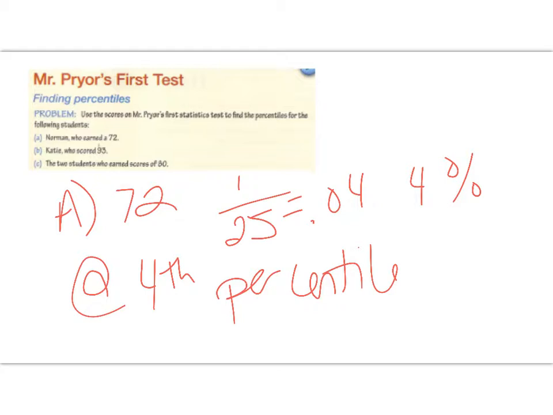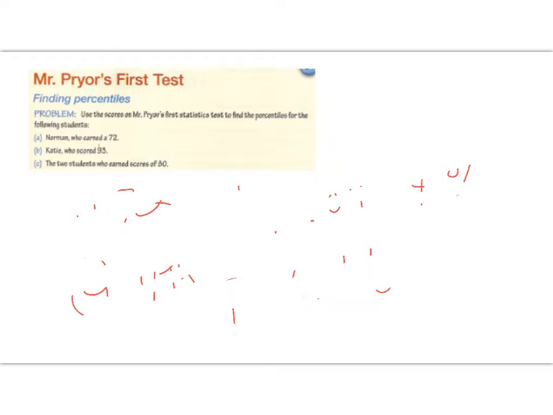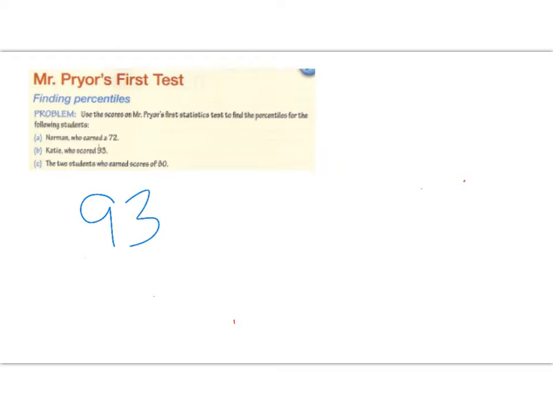Okay, if we look at the next one, now we're looking at a little girl named Katie. Katie got a score of a 93. Looking at that stem plot again, her 93 is pretty high up there. She's the highest score. So with her 93, it's not 25 out of 25.